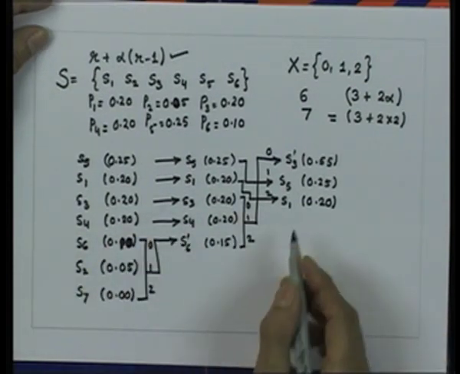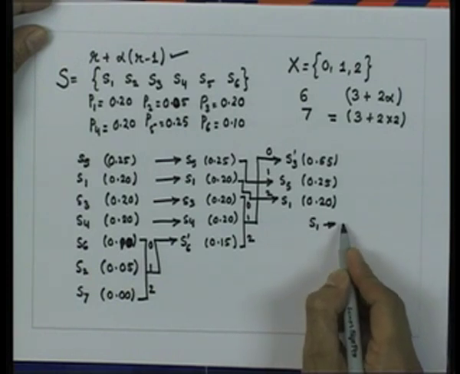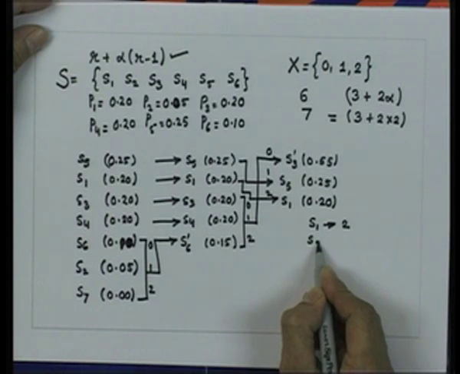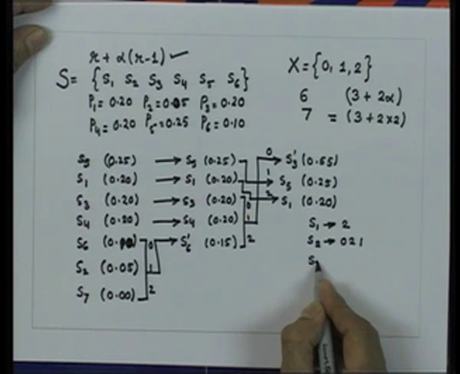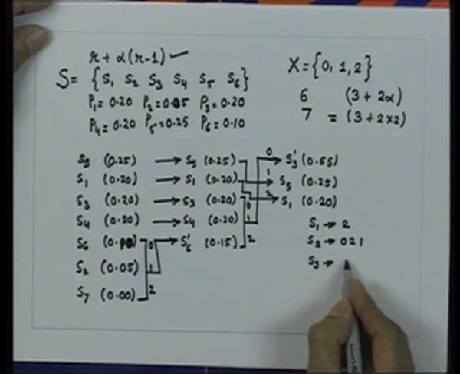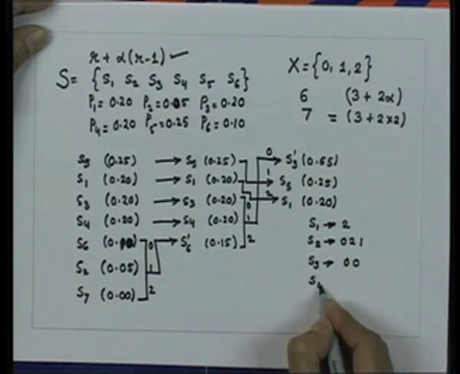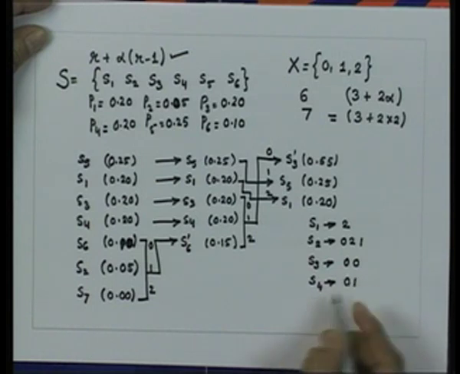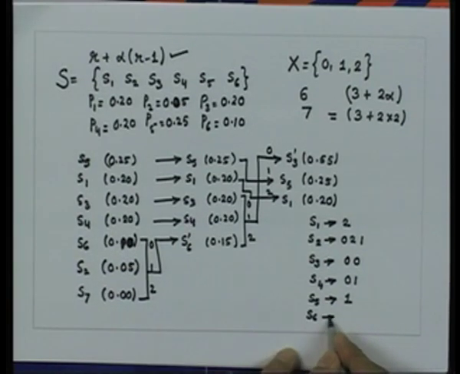And based on this, we can find out that the code turns out to be S1 is 2, S2 is 0 2 1, S3 is 0 0, S4 is 0 1, S5 is 1, and S6 is 0 2 0.